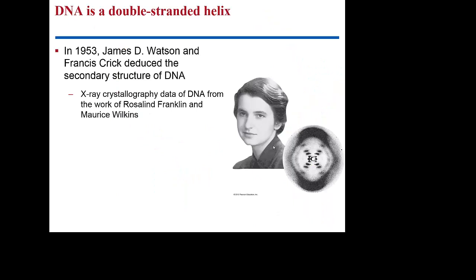Some of you may also know that Watson and Crick worked with a woman named Rosalind Franklin, and they also worked with Maurice Wilkins in determining DNA's double-stranded helix. And this is actually a picture of the X-ray crystallography structure that Rosalind took to determine that DNA is double-stranded. Now, from this picture, some of you may not be able to understand how we get that DNA is double-stranded in this case.